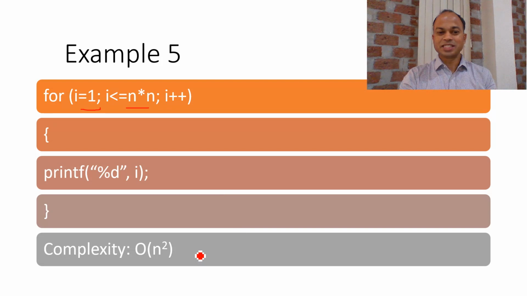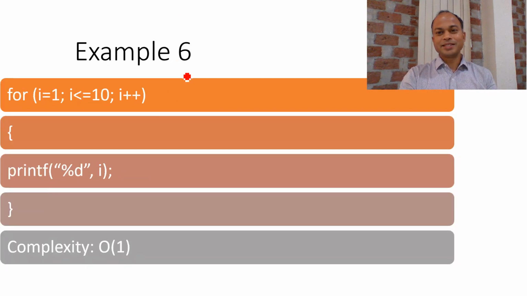Therefore, complexity will be order of n square. We have to find out the dependency here: the dependency is upon n square, not n. This is a very interesting point. So complexity will be order of n square.